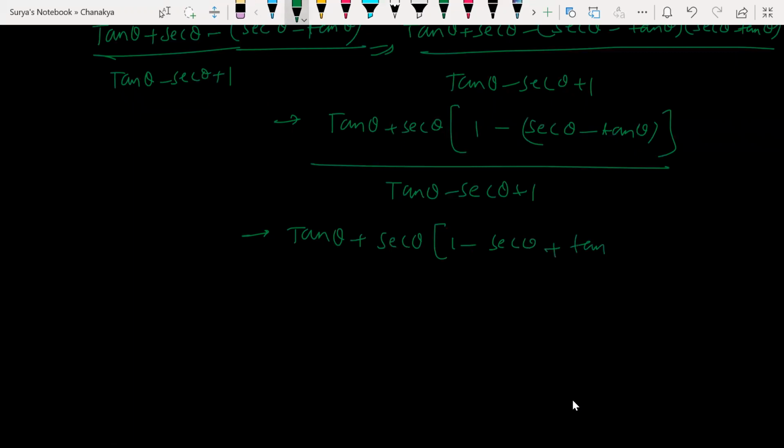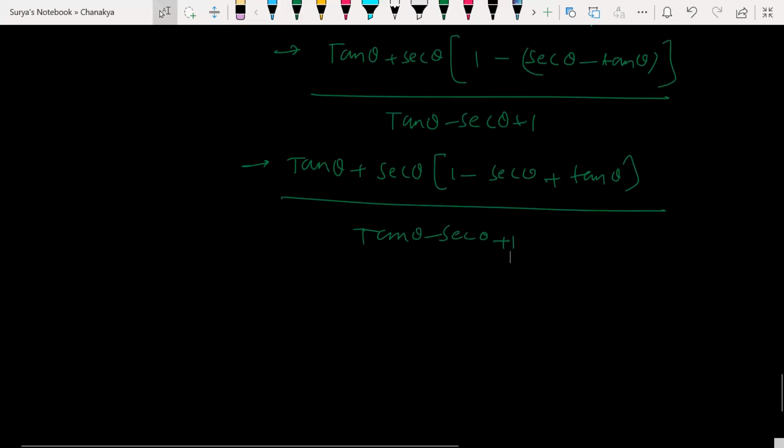Plus tan theta divided by tan theta minus plus 1, right? So now look at this.